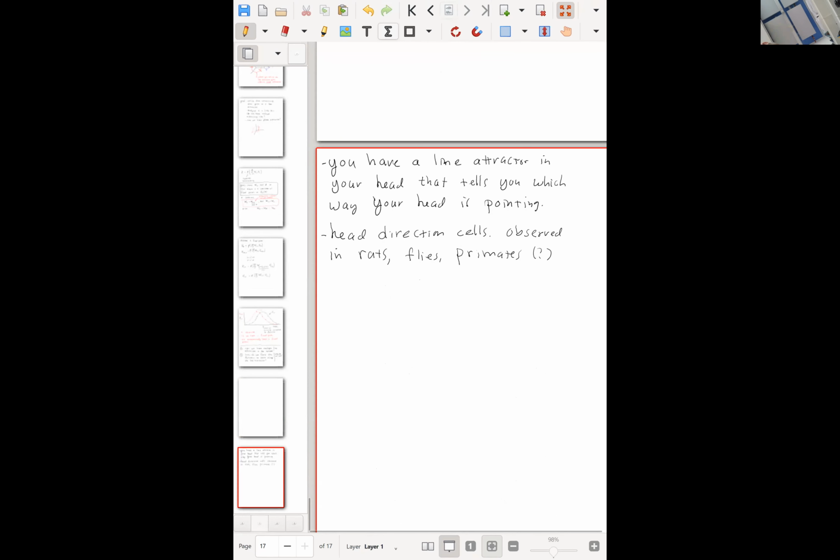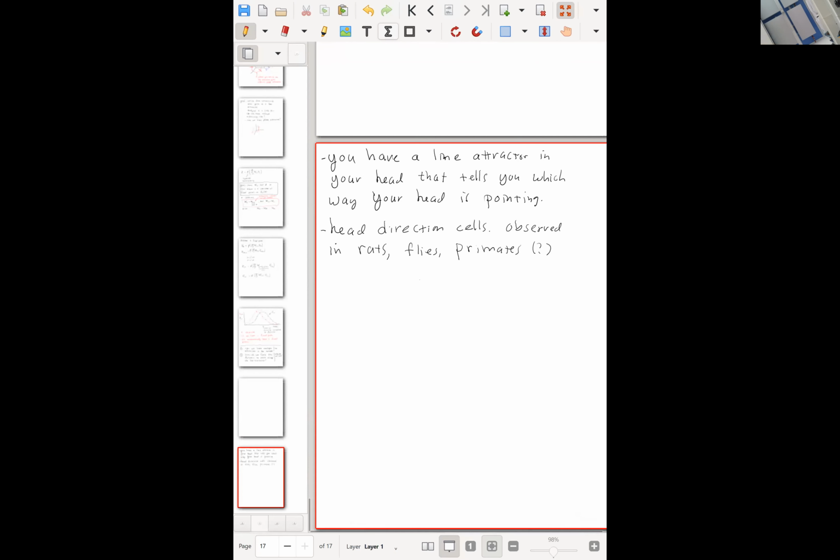What we want to do is write down equations like this: tau d nu_i dt equals phi of the sum over j of w_(i minus j) nu_j plus some kind of external input, h_i of t.